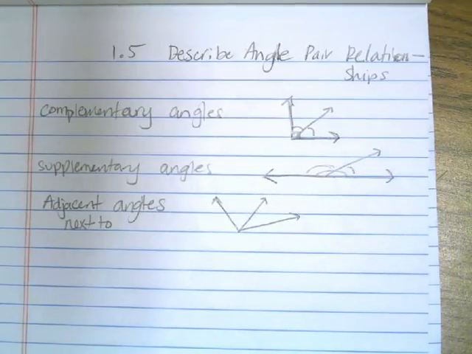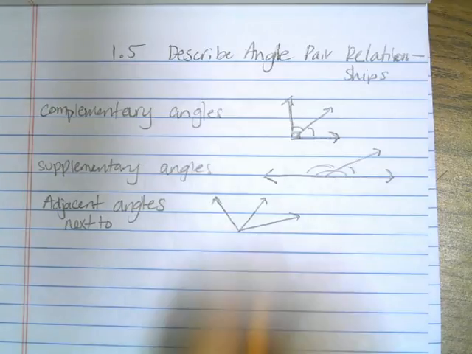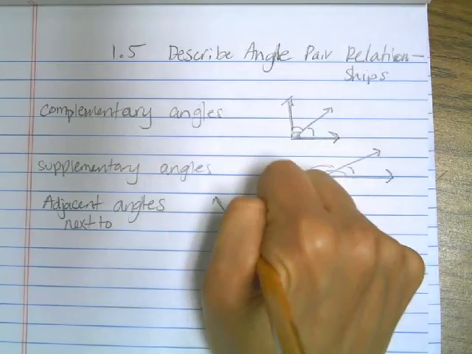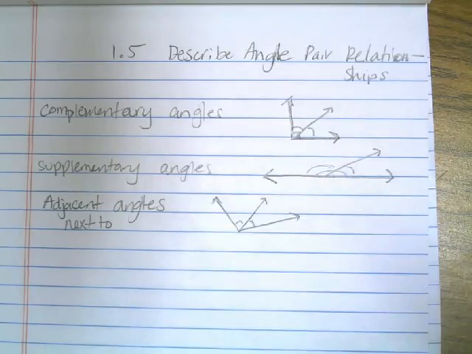Okay, maybe a little harder one would be like, let's say they give you two angles, and one of them equals x plus 2, and one of them equals 4x plus 8.